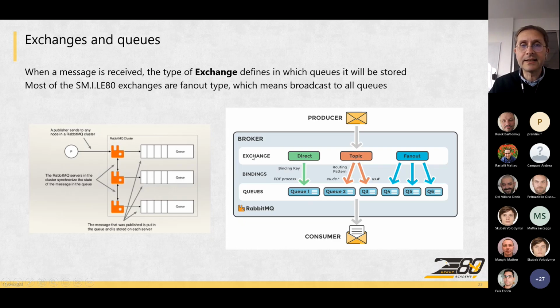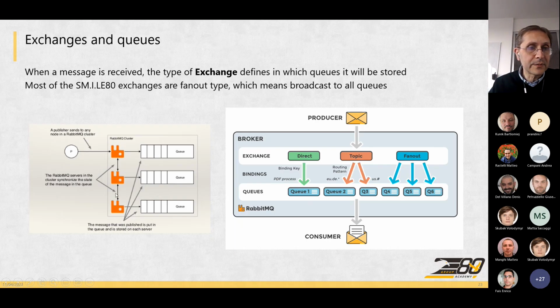And then there is an object called exchange that is forwarding the messages to some queues. Typically inside SM.I.LE80, the major part of exchanges is of fanout type. Fanout means broadcast. So when you send a message to a fanout exchange, it will be sent to all the queues.